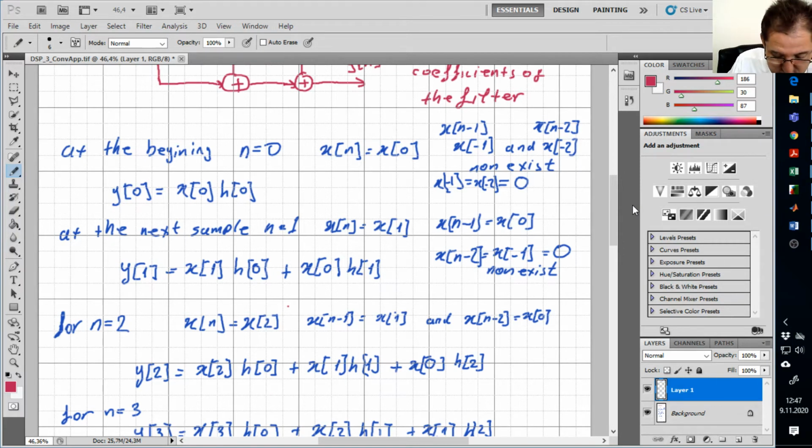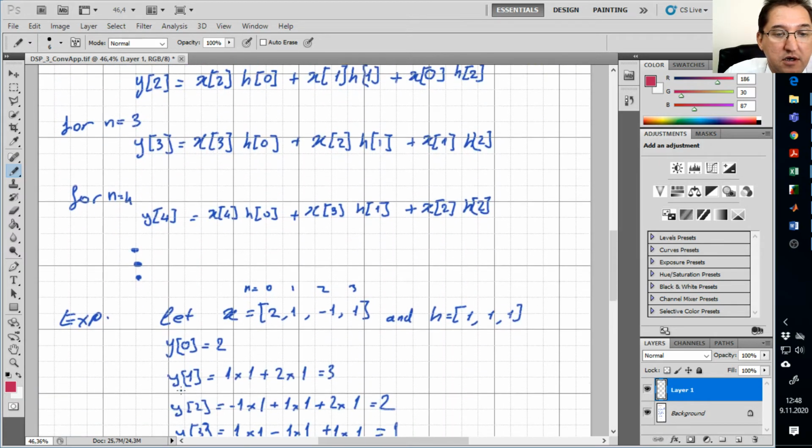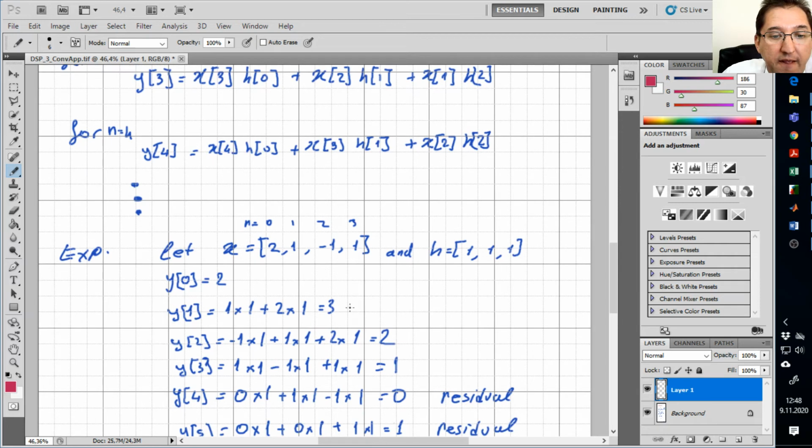The second output is x1 times h0 plus x0 times h1, and this time, as you can see, it is 1 times 1 plus 2 times 1, so the output is 3. Next step, minus 1 times 1, 1 times 1, 2 times 1.